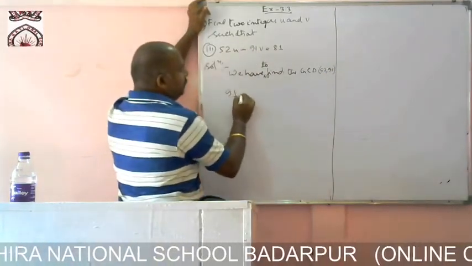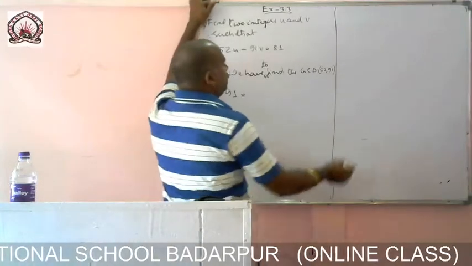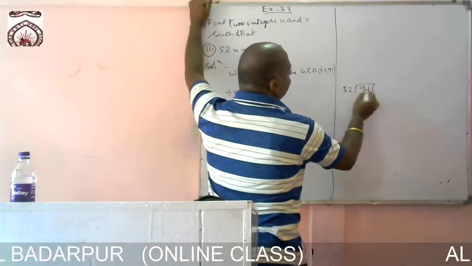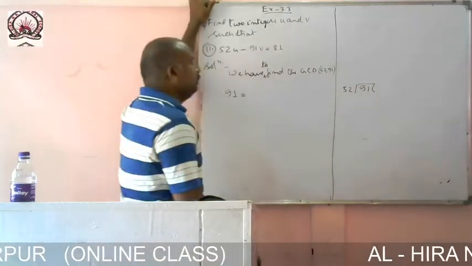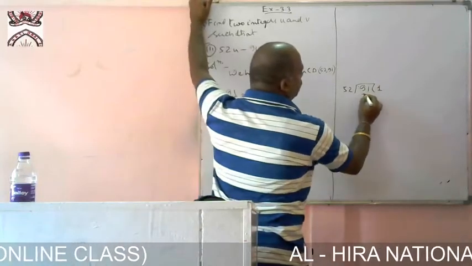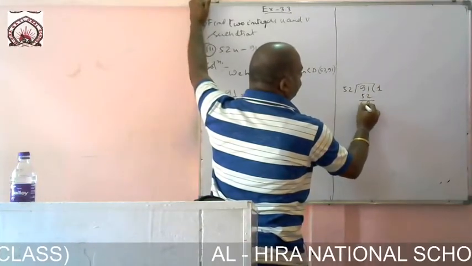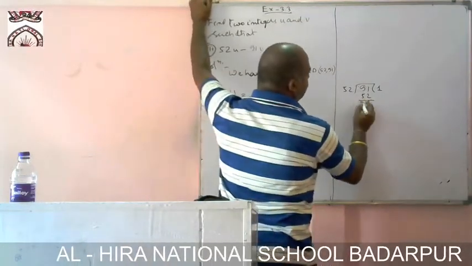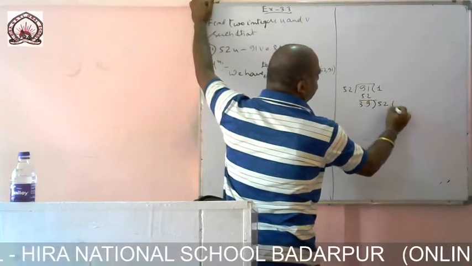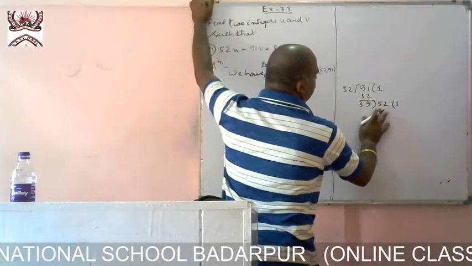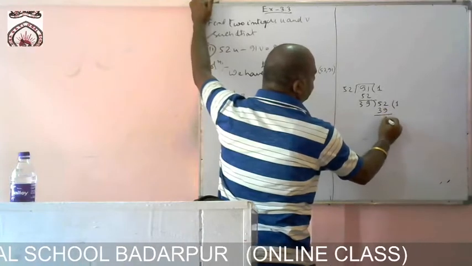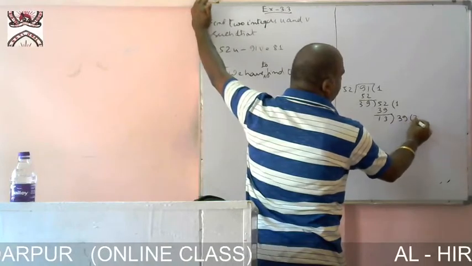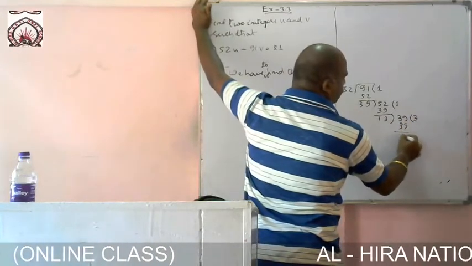Now 91 can be written by dividing by 52. If I divide 91 by 52, we get 1, that is 52, leaving 39. Then again 52 divided by 39 gives 1, leaving 13. And 39 is nothing but 3 into 13 plus 0.